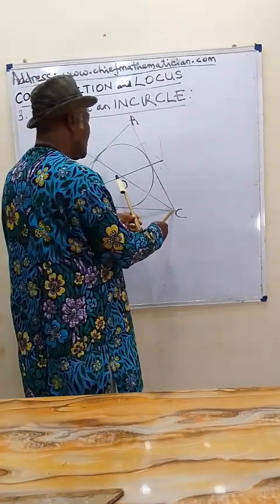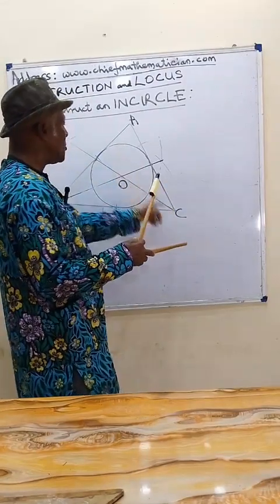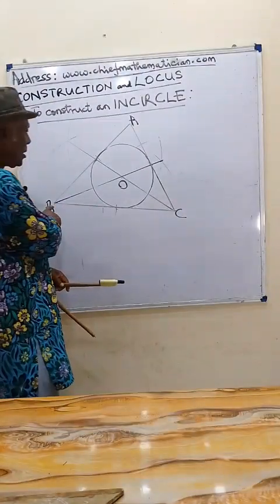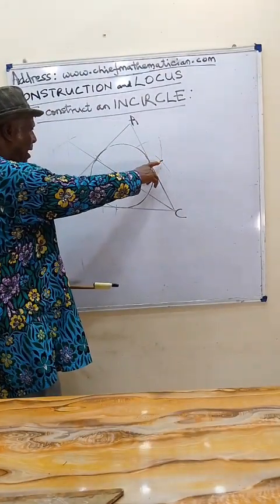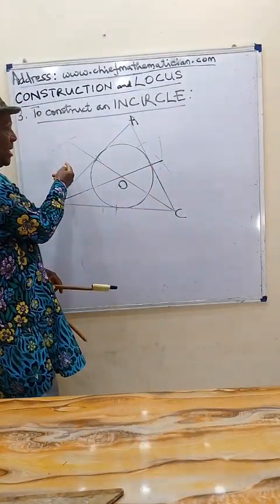Going to C, we again construct the bisector of angle C. You can see the two bisectors: the bisector of angle ABC, the bisector of angle ACB.